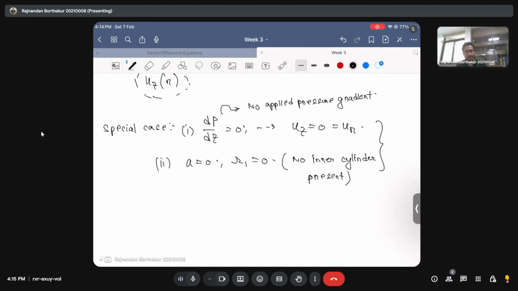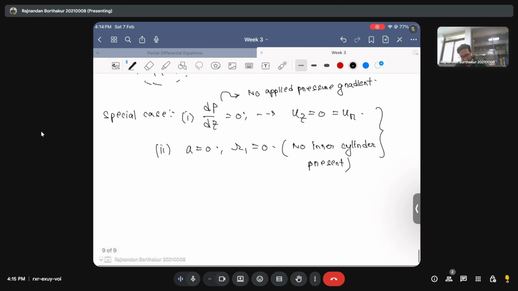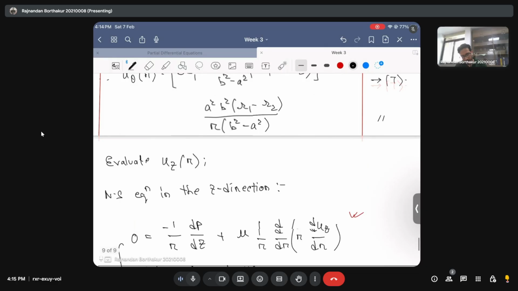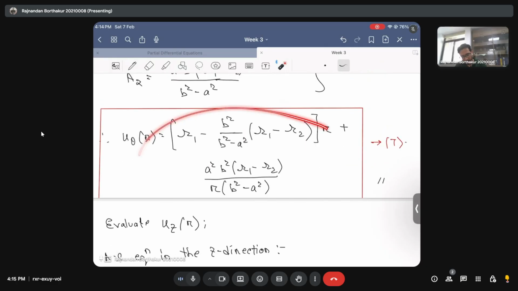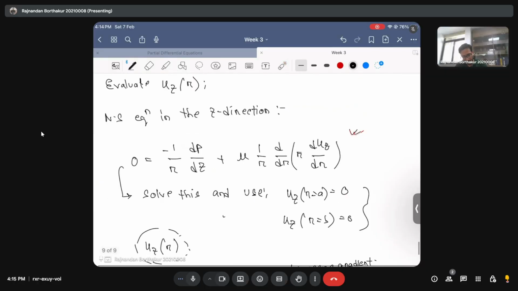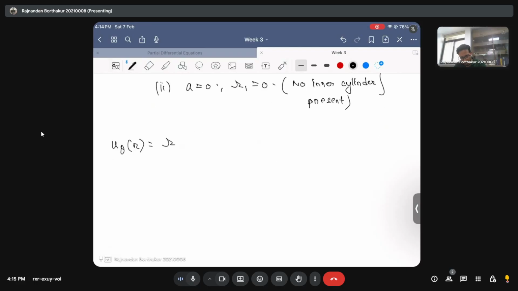So in these circumstances, if you calculate what is u theta as a function of r, just by using these facts in this equation, you are not going to have omega 1, this is going to be equal to 0, this is going to be equal to 0, and you know that you don't have an inner cylinder, so this a is going to be equal to 0. If we apply that, you will see that your velocity profile just simplifies to omega 1 times r, and since there is only one cylinder which is rotating, instead of calling it omega 1, I'll call it just omega times r.